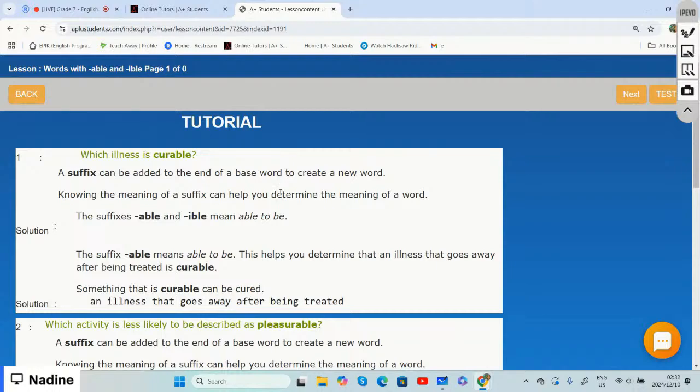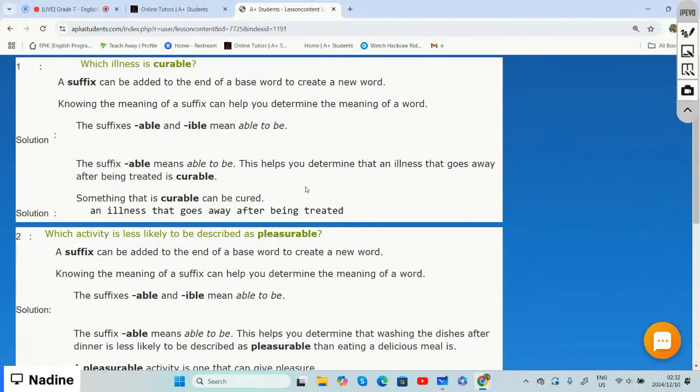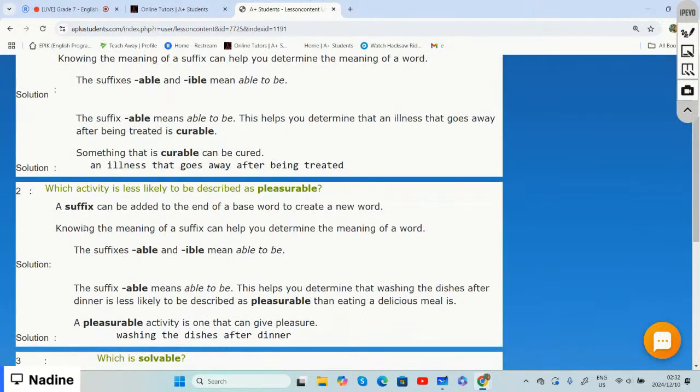All right. If we go into the next one, which activity is less likely to be described as pleasurable? An activity that is less likely to be pleasurable. Something that is not much pleasurable.